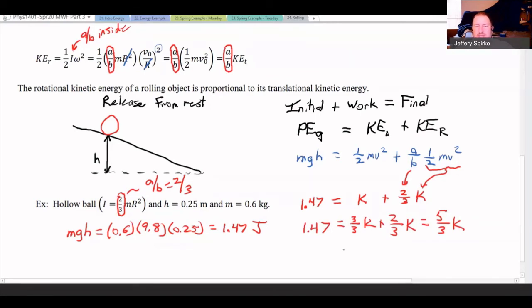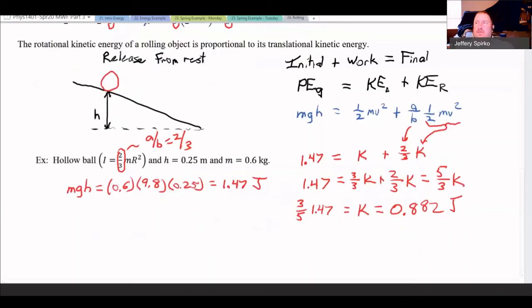So now to solve for K, I just multiply both sides by 3/5. 3/5 of 1.47 is equal to K. So A over B is 2/3, and then K is equal to that over that plus 1, which is 0.882 joules.